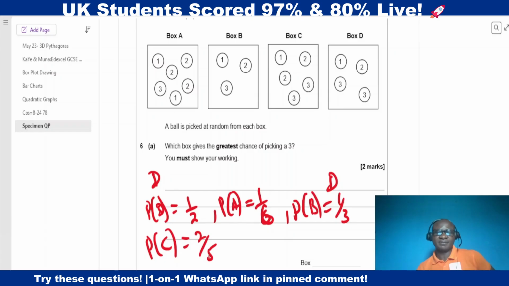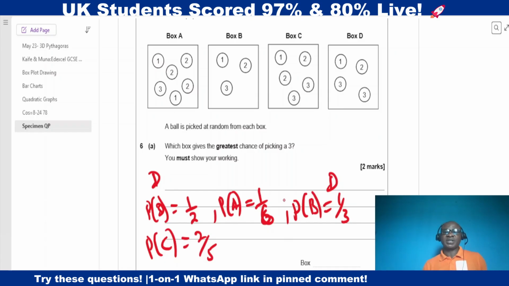Continue explaining. How do you know that 1 over 2 is bigger? Because I imagine it in a circle, having five parts, shading two, and doing the same for the rest of them. Half is actually correct, okay? Half is actually the greatest number among them.